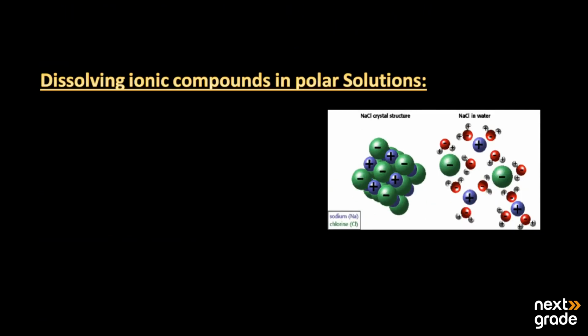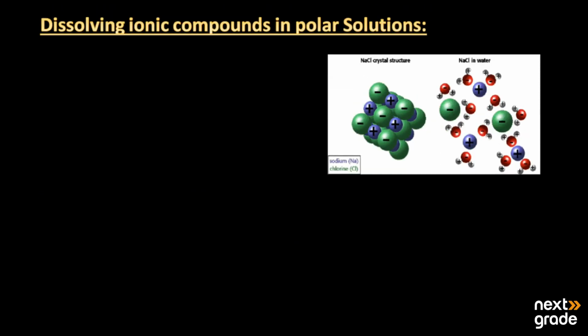Next, we have the dissolving of ionic compounds in polar solutions. Polar solutions basically have poles, or they are polarizable. Ionic compounds are made up of ions. For example, a simple ionic compound is NaCl.